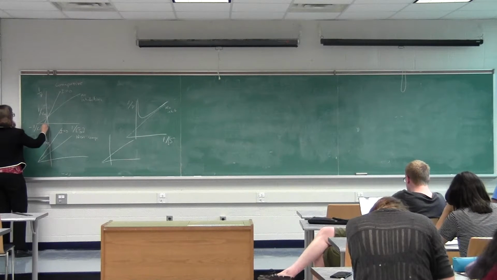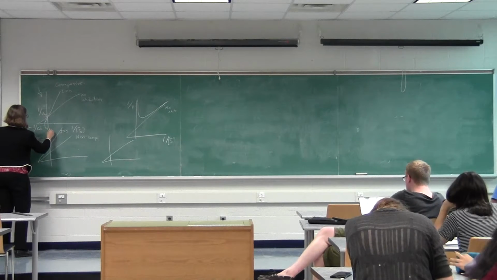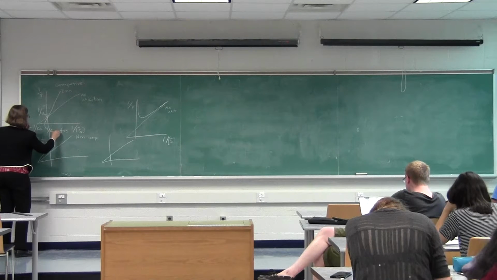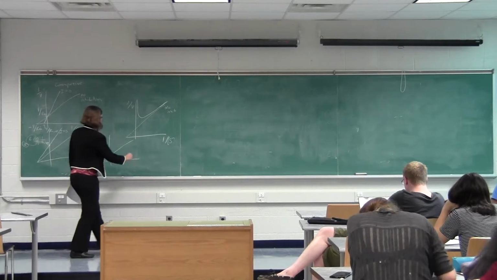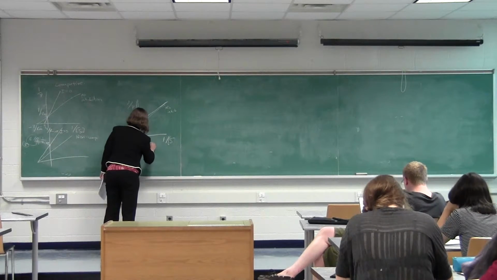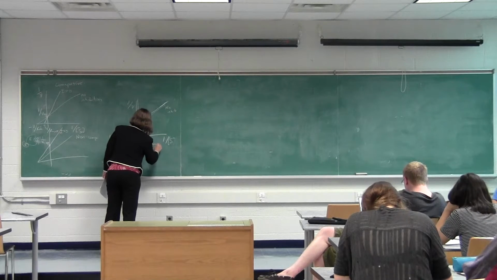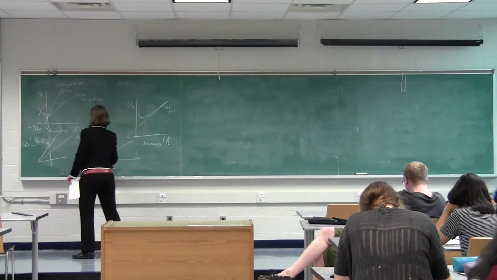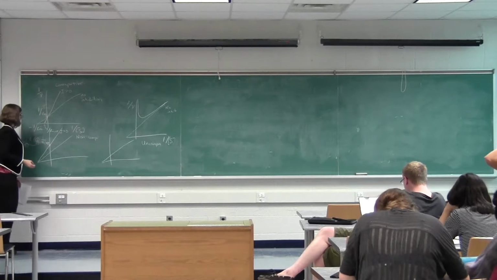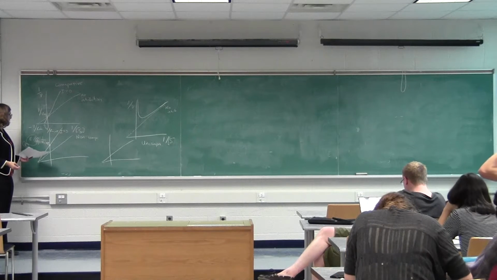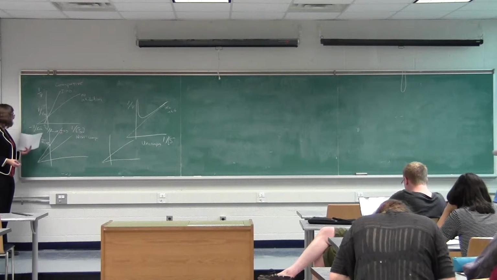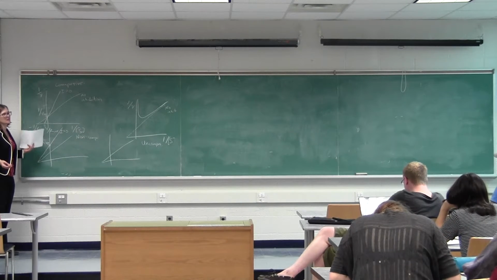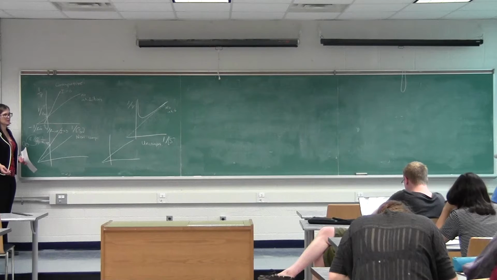That is our 1 over Km apparent. In those cases. In this case, your rate is going to be related to substrate concentration, but the presence of the inhibitor changes how the rate is related to substrate concentration.